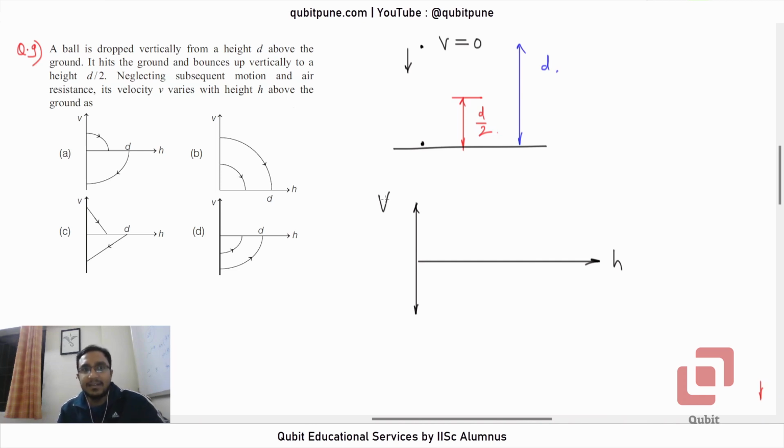Do you realize that? Height is always positive, so this is going to be our positive direction. On the y-axis, it's a vector quantity, velocity, so it can be positive or negative.